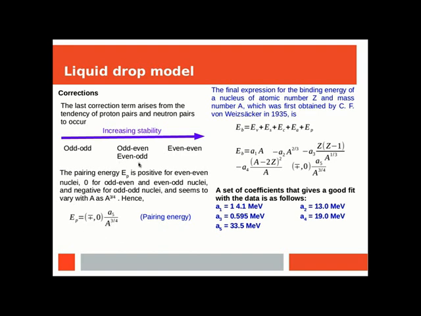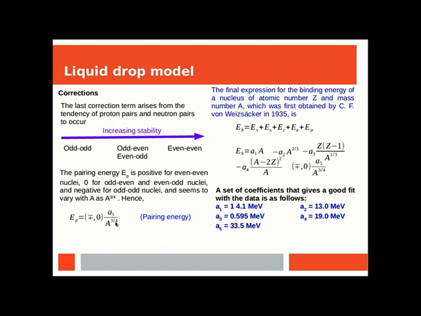The even number of nucleons tends to increase the binding energy, while the arrangement of an odd number of nucleons tends to reduce the binding energy. So the two effects cancel each other, and there is no change in the binding energy in the middle case. So considering all these three cases, we get that pairing energy is given by this formula.